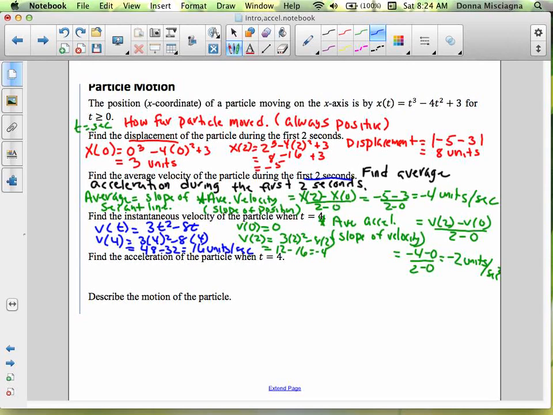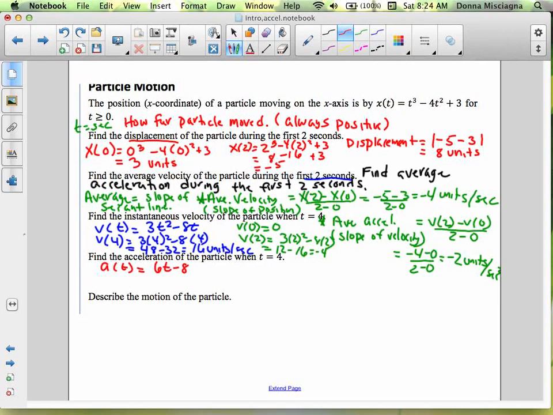Let's do two more problems. Let's find the acceleration of the particle when t equals 4, and then we have a long problem describing the motion of the particle. All right, so acceleration of the particle, we find the second derivative. So a of t is going to be 6t minus 8.